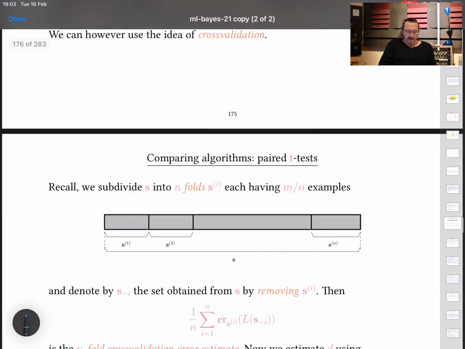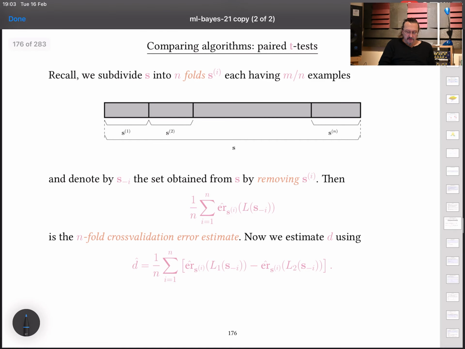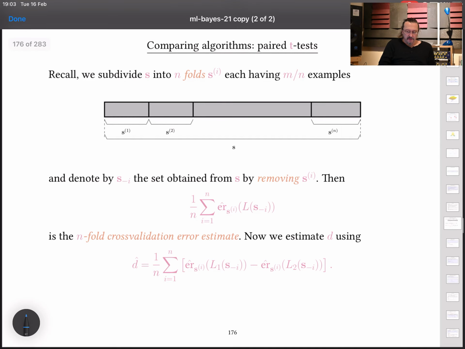So, just to recall, in cross-validation we have our training set and we divide it into n folds, each with about m over n examples. We denote by S superscripted with an i in brackets the ith fold, okay, the ith chunk of this data, and by S subscripted minus i the full data set S with the ith fold removed.